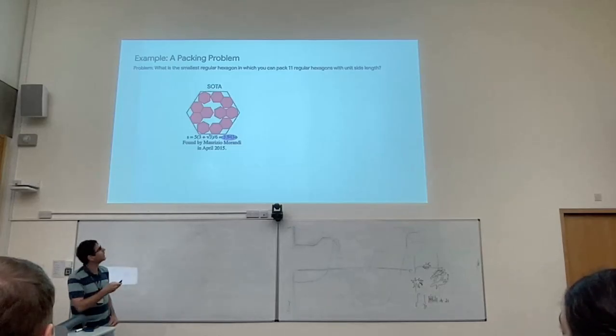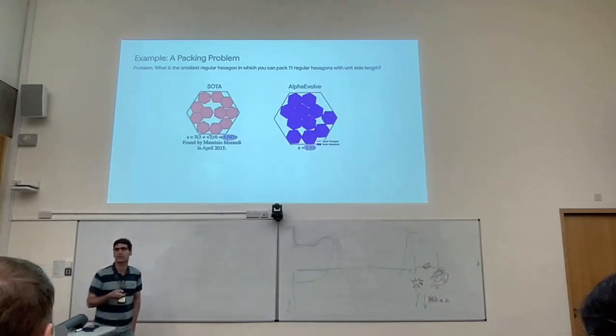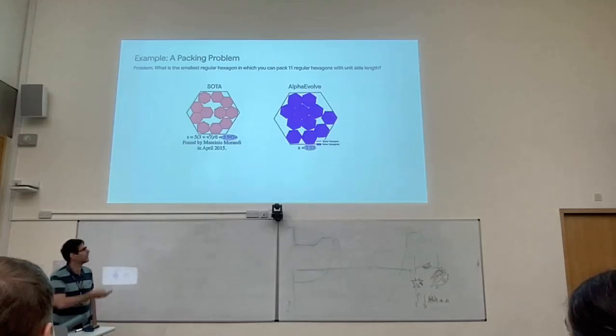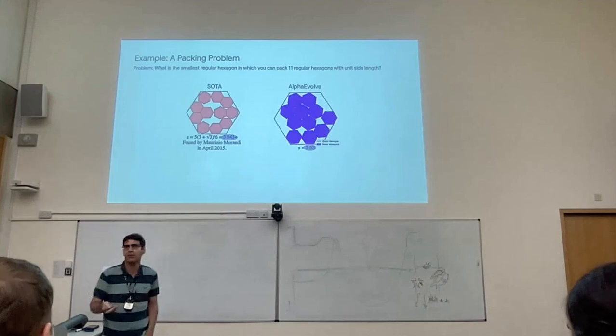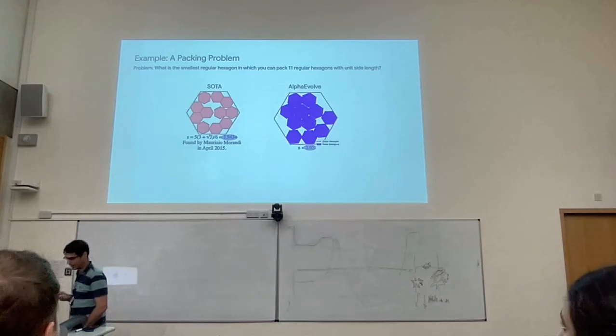And it came up with a solution that is a little bit better than the state of the art. So this is just one example in which AlphaEvolve found something that improves very little, but still improves the state of the art for that problem.